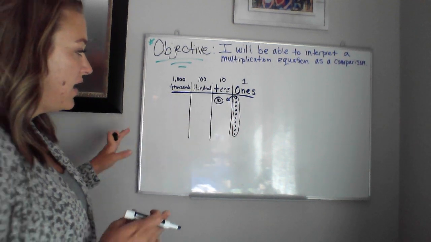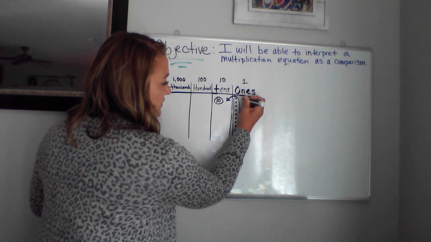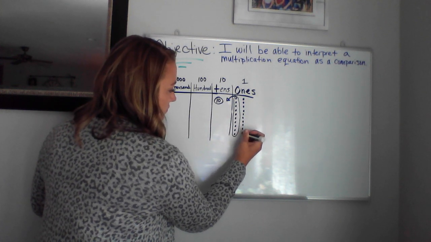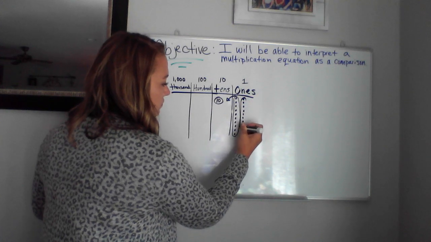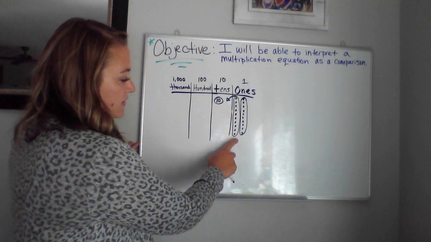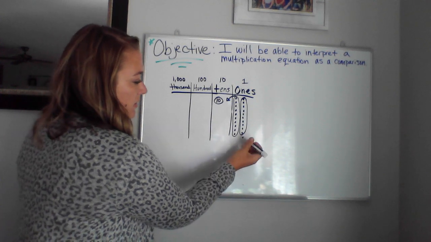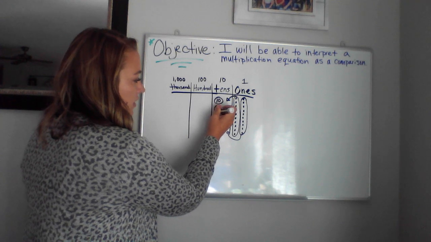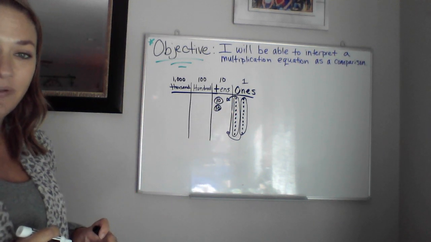So then if I had another bundle of 10, I can look at this as 10, 20. Well, that means I can also bundle and move that over for another group of 10, okay?